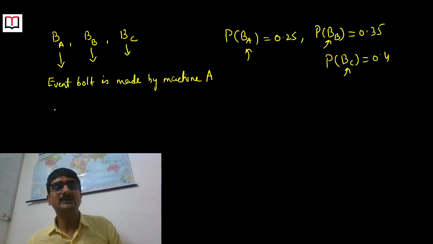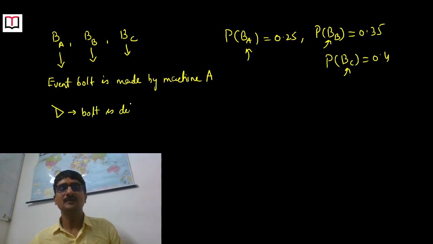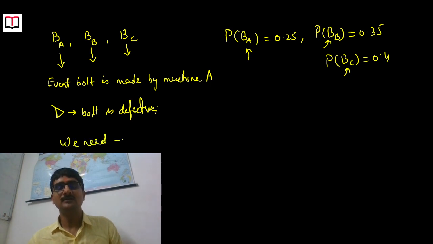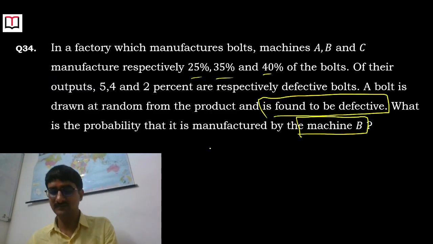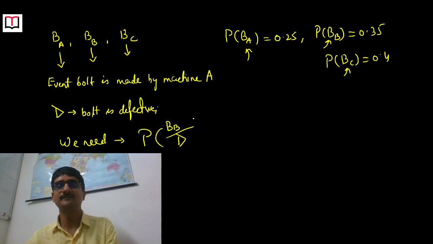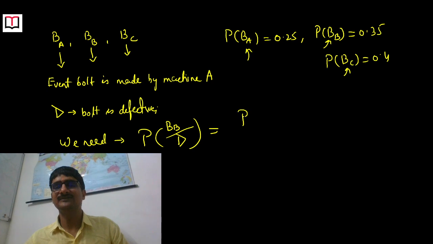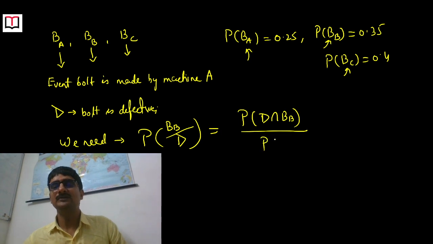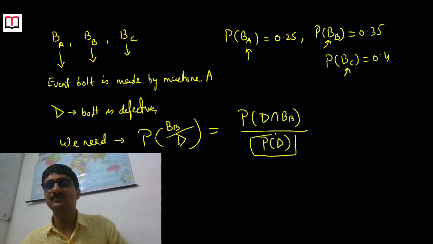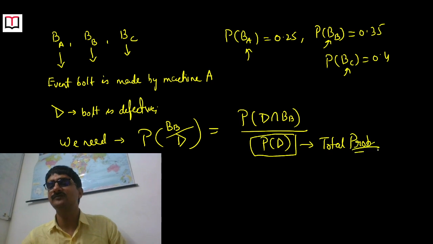Now a bolt is drawn and found to be defective. So the bolt is defective. Now what do we need? Given it's a defective bolt, we need the probability that it was manufactured by machine B. As I said, it's a conditional probability, so the formula is probability of D intersection BB over probability of D. In a Bayes theorem question, the denominator will be a case of total probability.